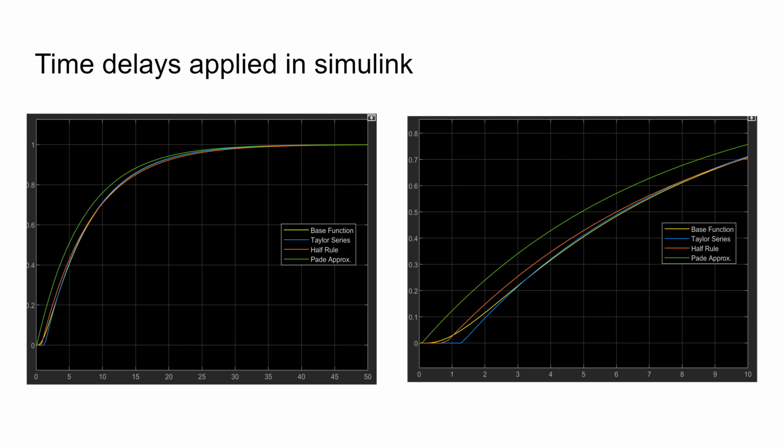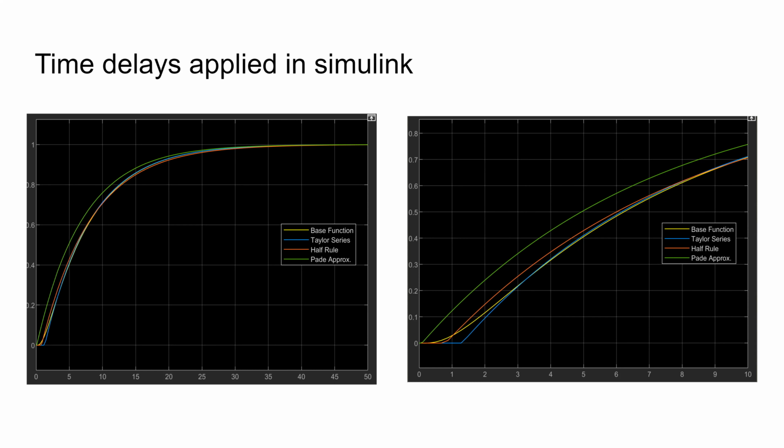But if we zoom into the beginning to see the area with the largest error between these approximations, on the right-hand graph where time only goes up to 10, you can see that because these time constants are relatively small, the Padé approximation actually has the least accurate result because it is significantly higher than the rest and does not approach the remaining 3 lines until further on down the process.